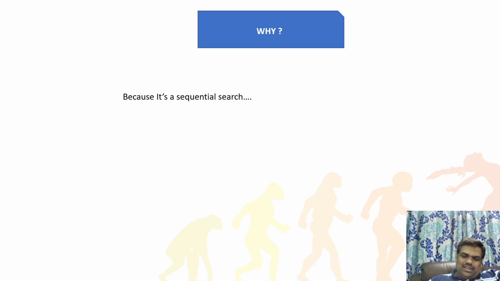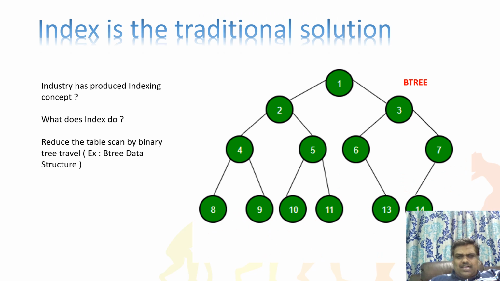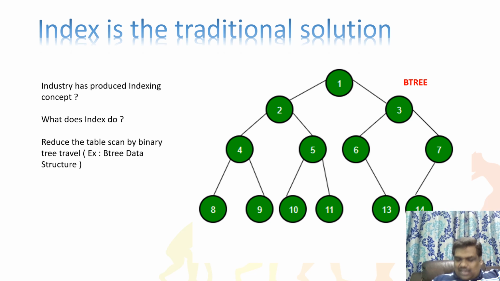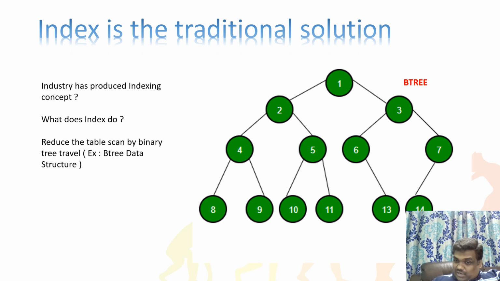Why are these response time issues happening? As I mentioned several times, it's a sequential search. Does the industry have any solution for that? Yes, in traditional RDBMS databases, they have a solution. The industry pioneers and research people already have a concept called index.